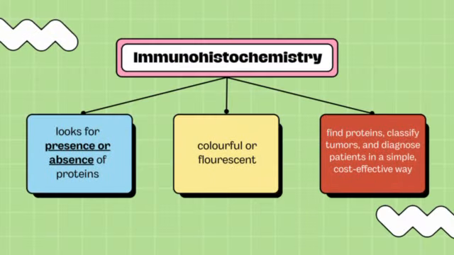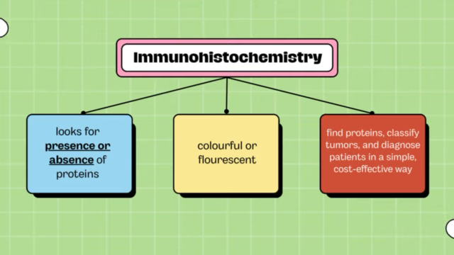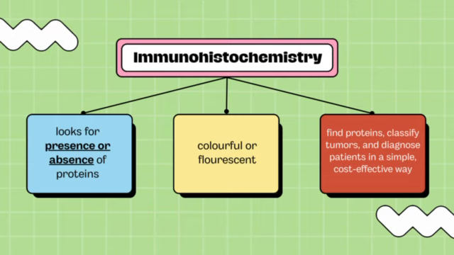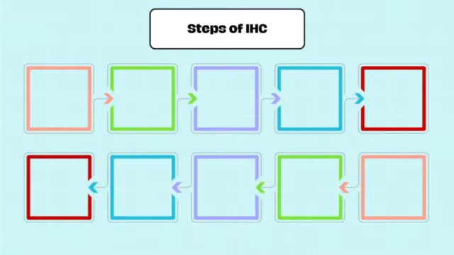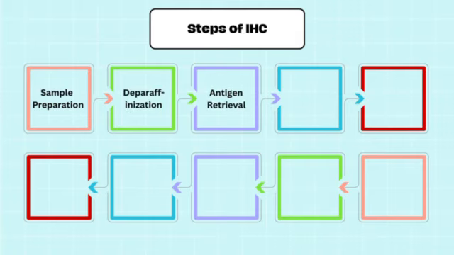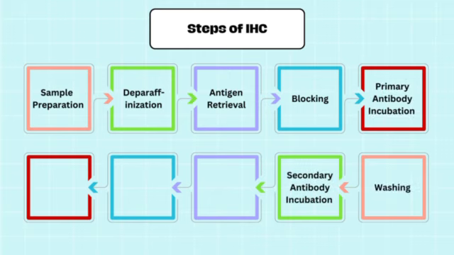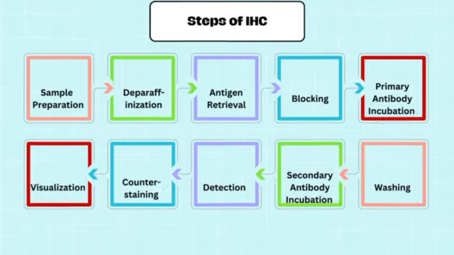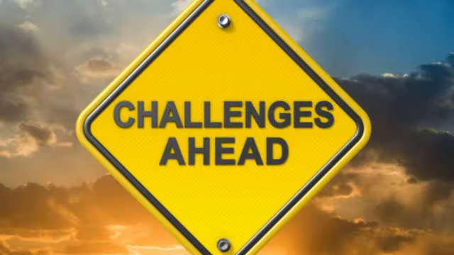A few takeaways include: IHC looks for the presence or absence of antigens, usually in a colorful or fluorescent staining, with the goal of finding proteins, classifying tumors, and diagnosing patients in a simple, cost-effective way. The steps of IHC include sample preparation, deparaffinization, antigen retrieval, blocking, primary antibody incubation, washing, secondary antibody incubation, detection, counterstaining, and visualization.